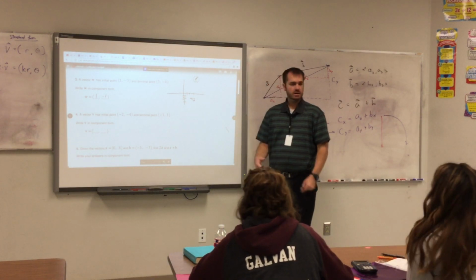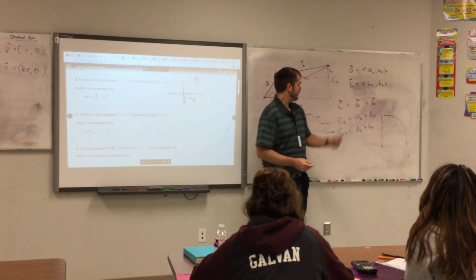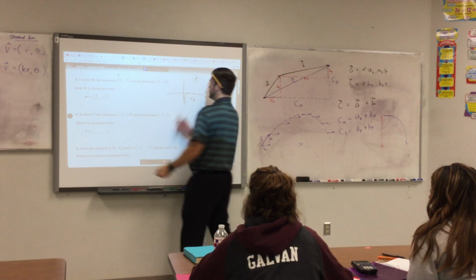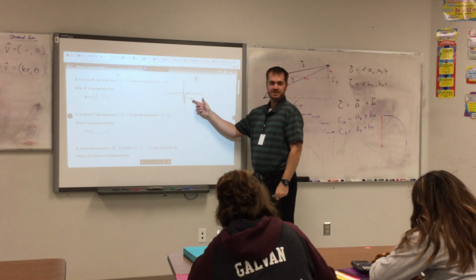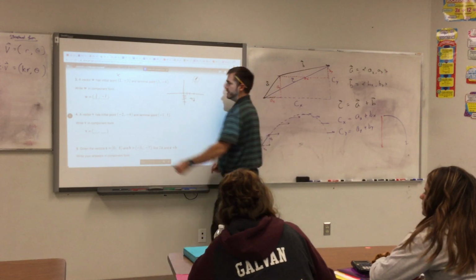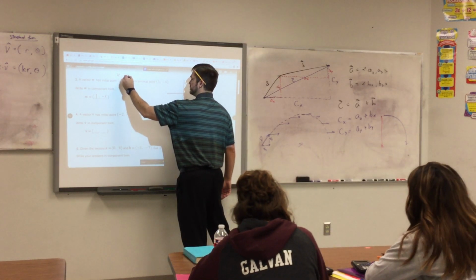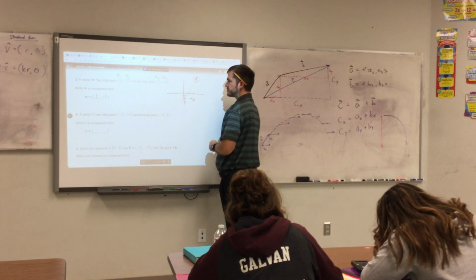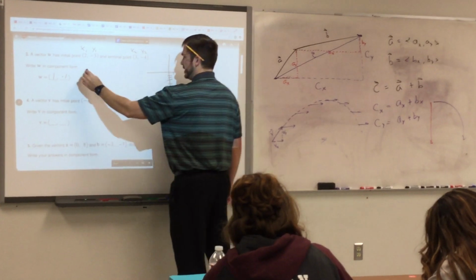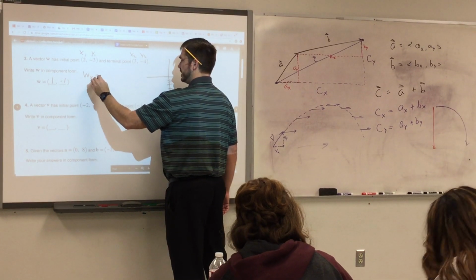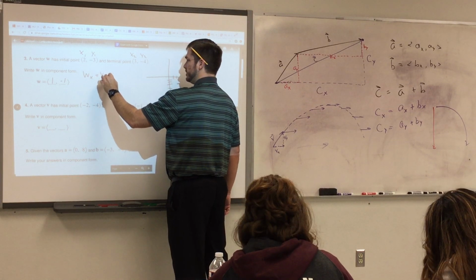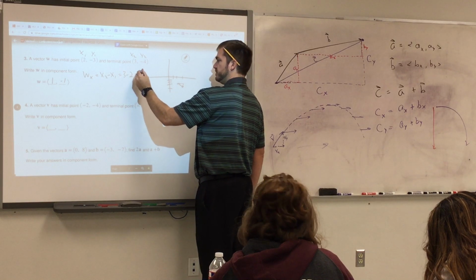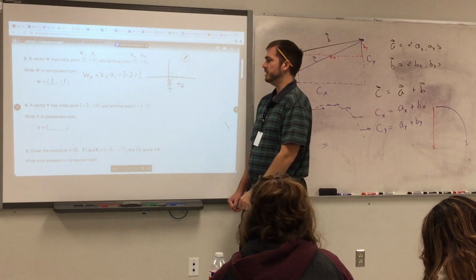Now, can we do the formula? Yes, and I want to do it both ways. This way, I just drew it and thought, oh my gosh, that's really basic. And if you can do that, that's great. But let's use the formula: x1, y1, x2, y2. So the x component, Wx, is x2 minus x1. So 3 minus 2, which is 1.